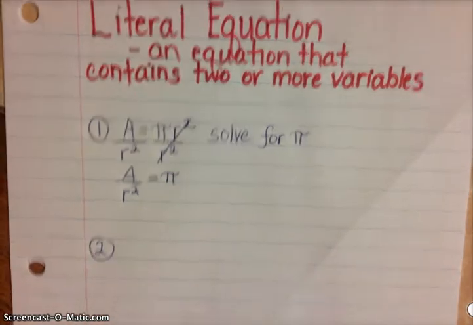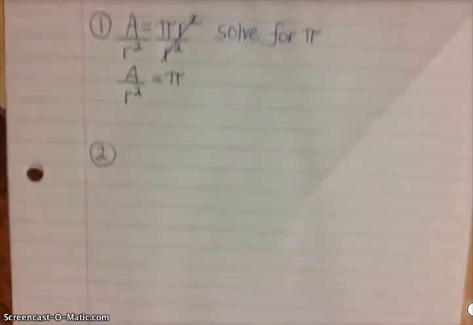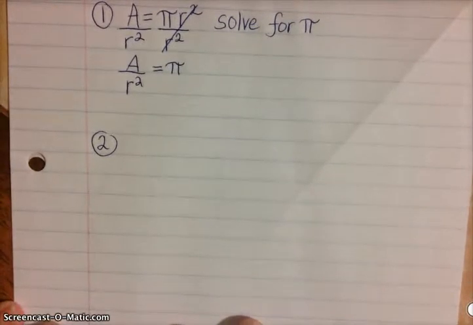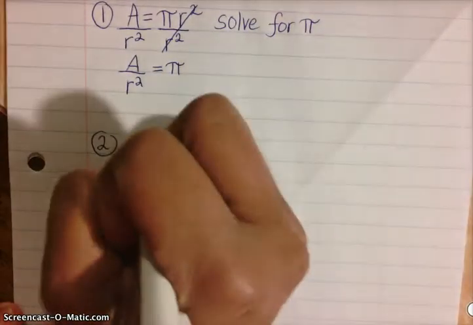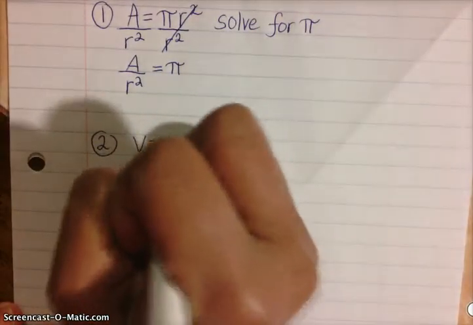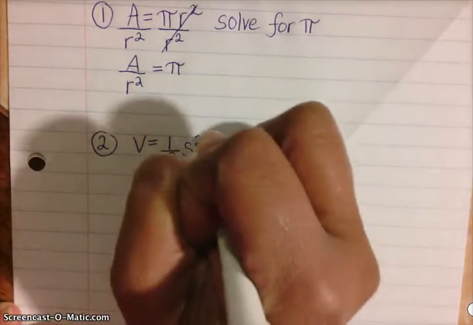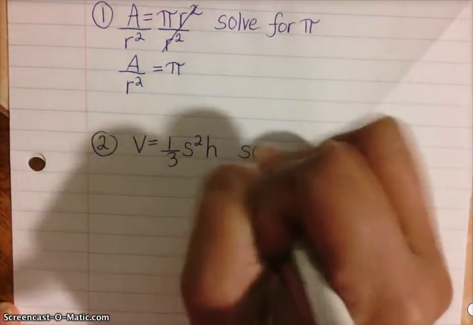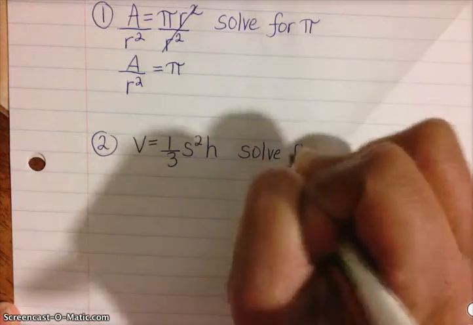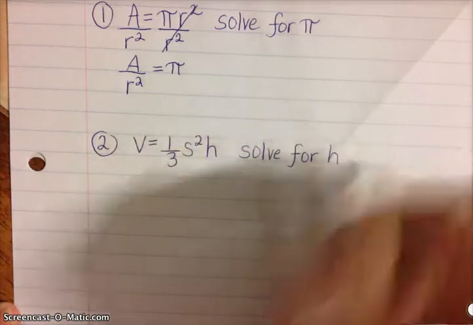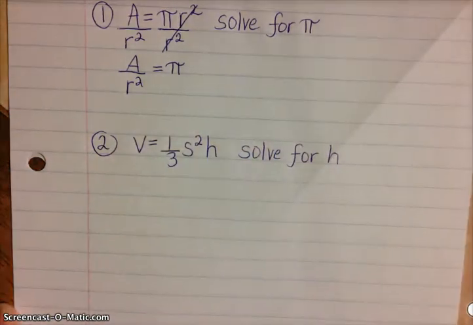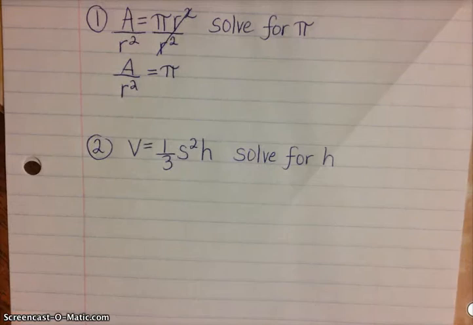Okay, for our second equation, we're going to use V equals 1/3 s squared h, and we're going to solve for h. Here's a rule: anytime you have a fraction, let your goal be to get rid of the fraction first.